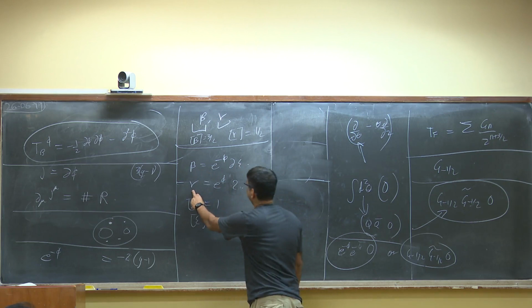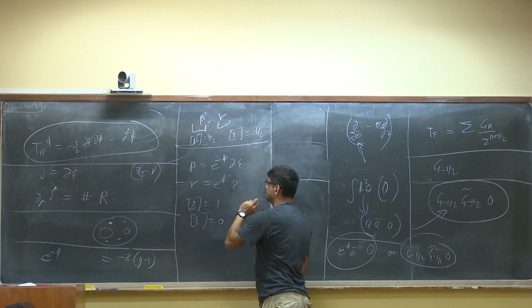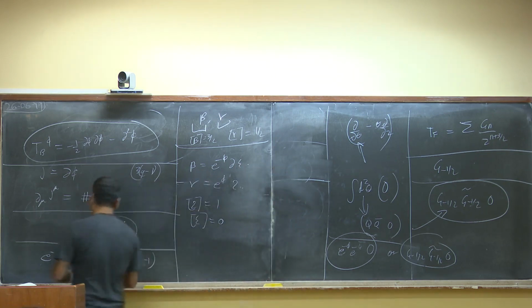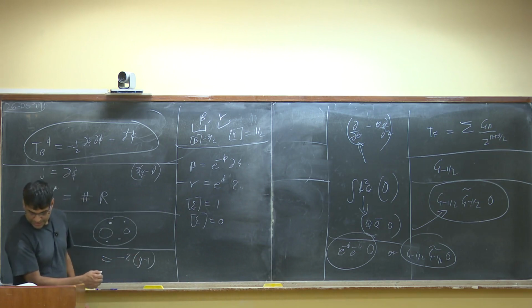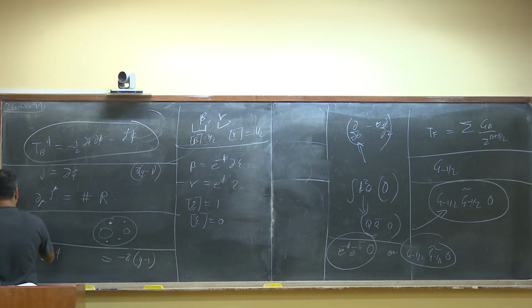And the weight of gamma is, let us remind ourselves of the weight formula also. The weight of e to the power a phi was equal to minus a squared by 2 minus a. So if we set a equals minus 1, this is minus 1 half plus 1, so half, as we said.